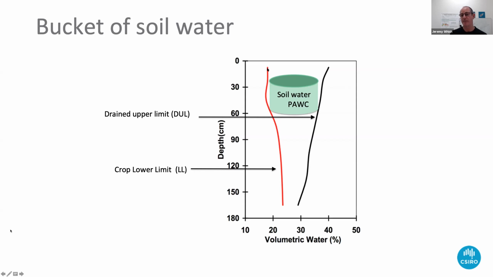Between the drained upper limit and this red line, which is the lower limit, is the maximum amount of water that a plant can suck out of the soil. There is water over here, but that's unavailable to plants because they can't create enough pressure to drag that water out. So when people talk about the bucket or the amount of water held in the soil, they're talking about the amount of water between these two points, all the way down the soil.